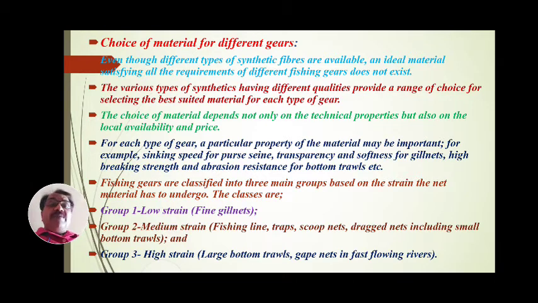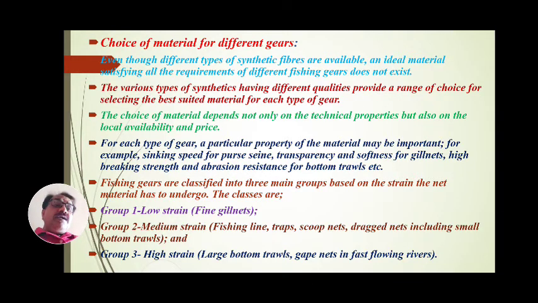Whereas high breaking strength and abrasion resistance materials are used in bottom trawl nets to capture the fishes. So for these three: in purse seine, sinking speed of material is important.